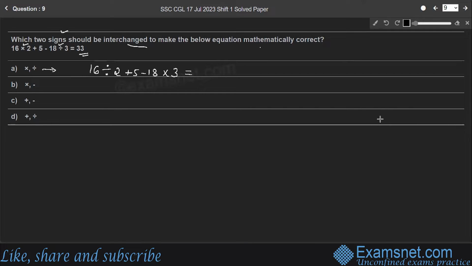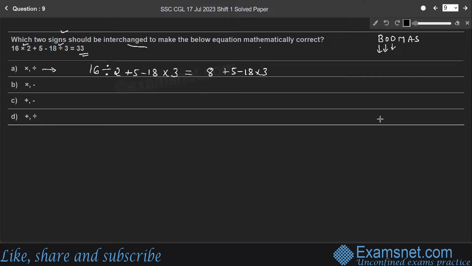Right? So here, according to BODMAS rules, students, division comes before multiplication, addition and subtraction, right? Since there are no brackets and of part in the given equation, 16 by 2 is 8, plus 5 minus 18 into 3.